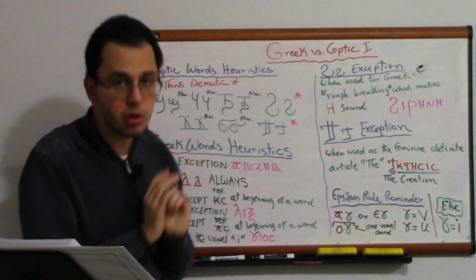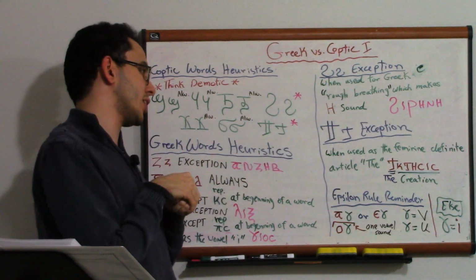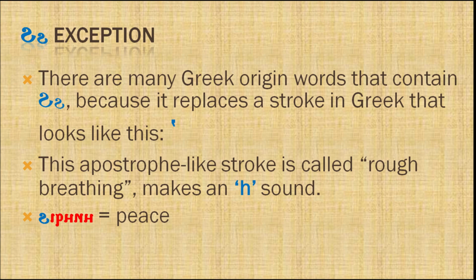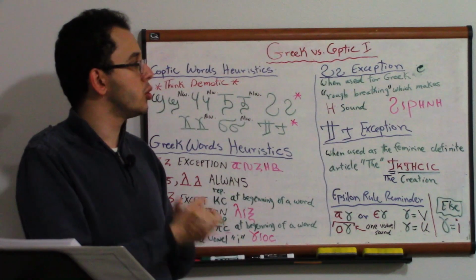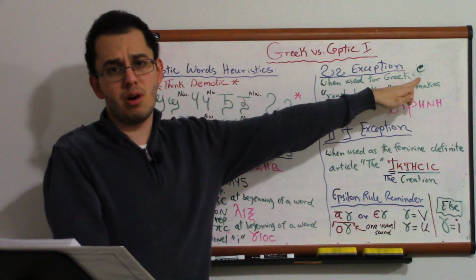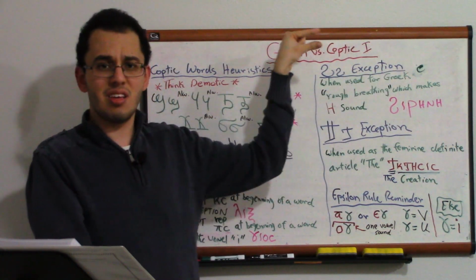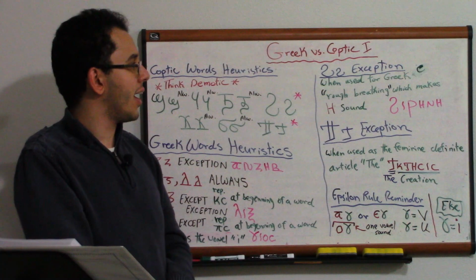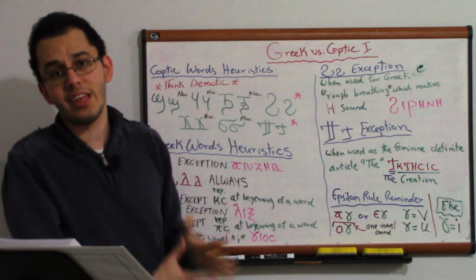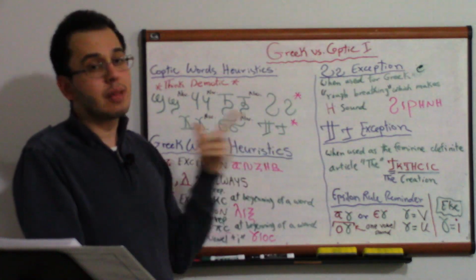Now, with Hori, we come to the first exception. For Greek words, some of them use this little mark that looks like an apostrophe, but looking the other way. That apostrophe is called rough breathing in Greek, and it makes an H sound.